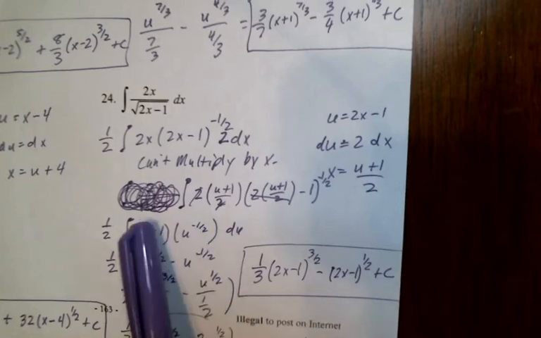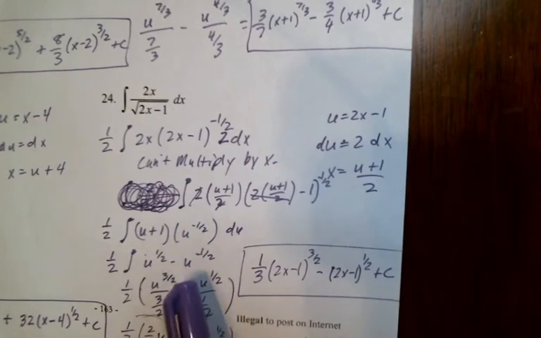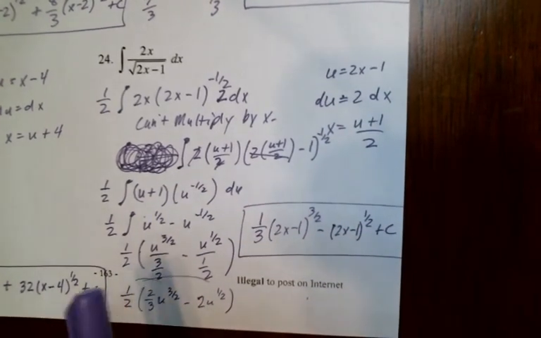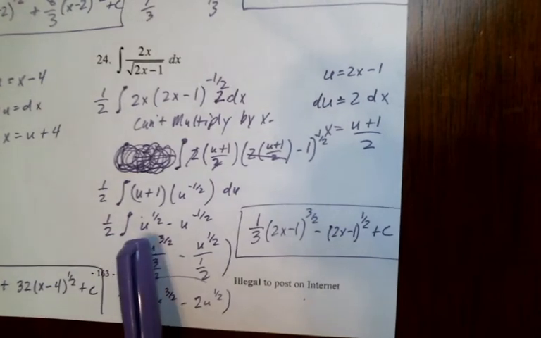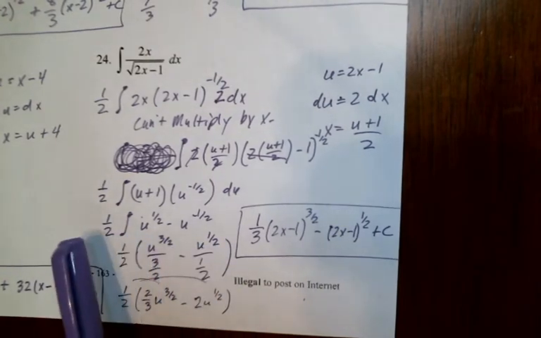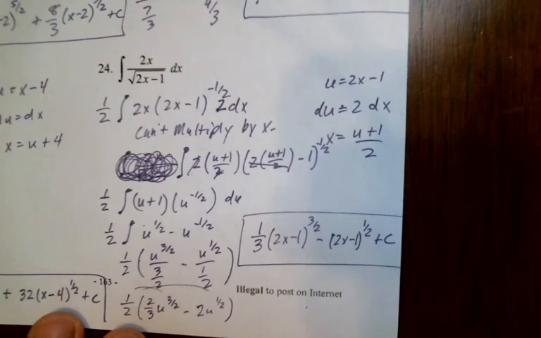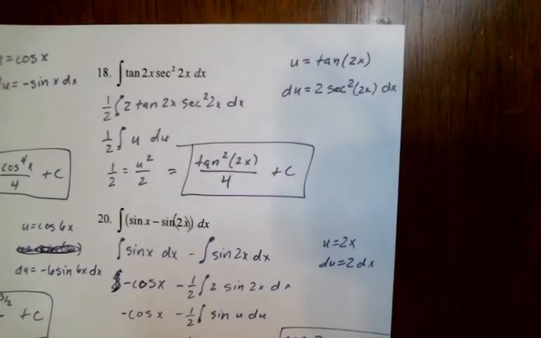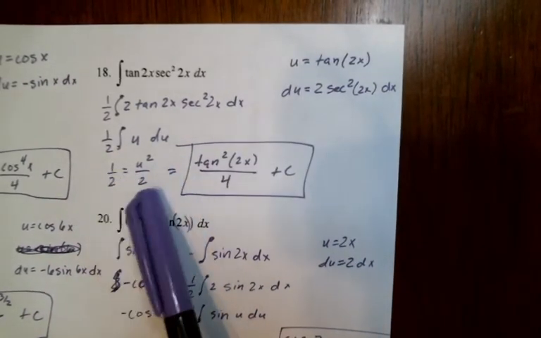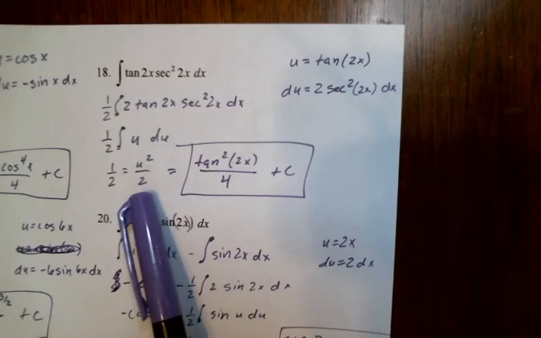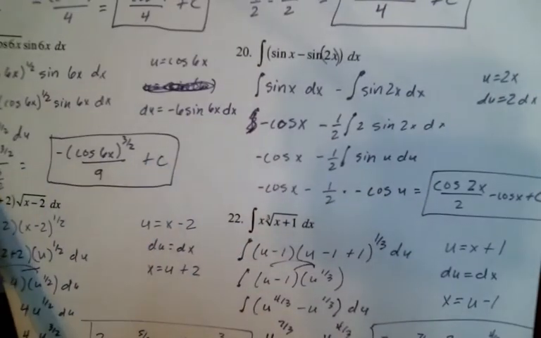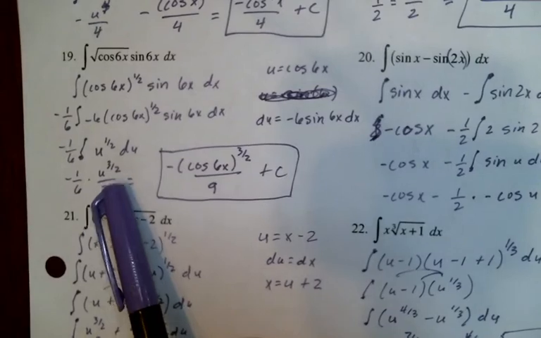You then distribute, takes you here. You then do the integral. And notice, this is another different part. Normally, we're used to just saying 1/2 times all of that, like for instance number 18, it's just 1/2 times this. And it's just negative 1/6 right here times all of this.